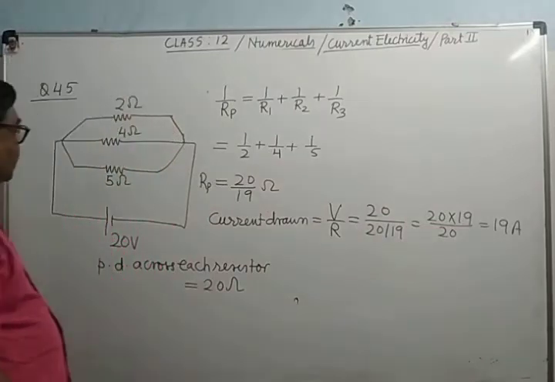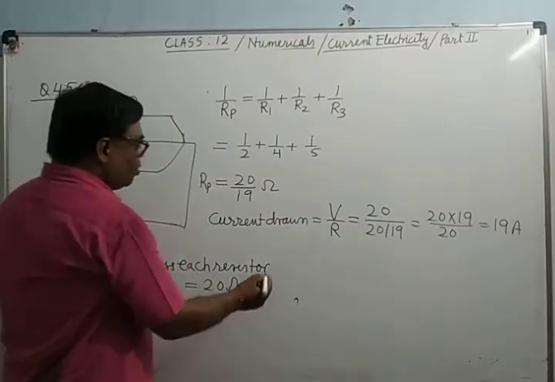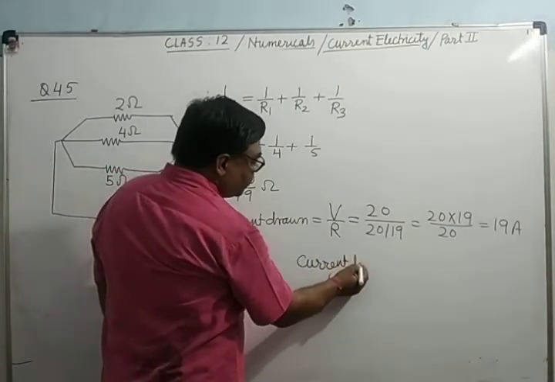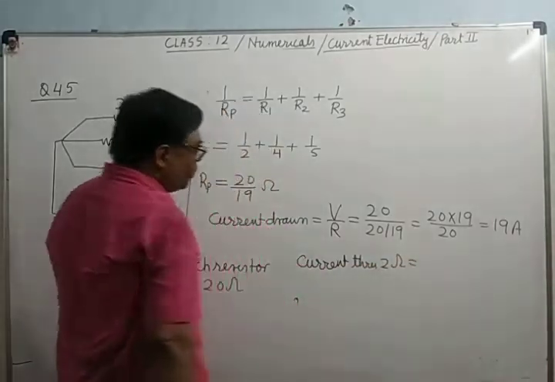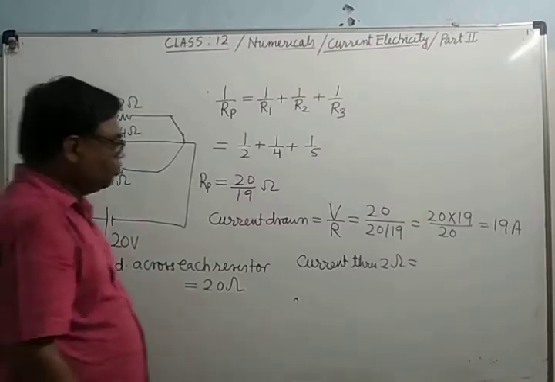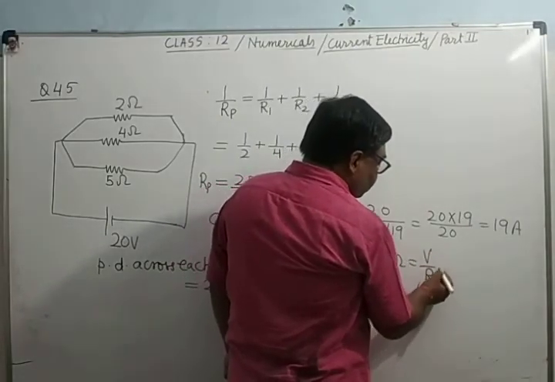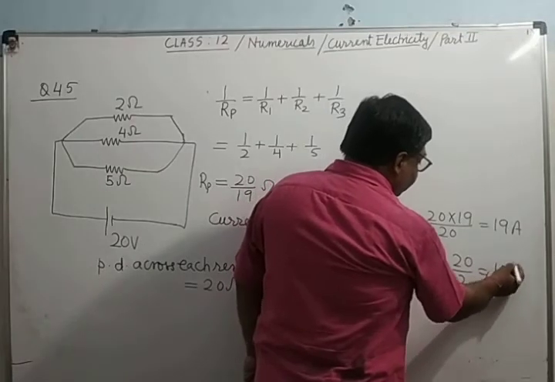Then you have to find the current through each of the resistors. So current through 2 ohm: what is the potential difference? 20, and resistance is 2 ohm. So I equals V upon R, 20 upon 2, that is 10 ampere.